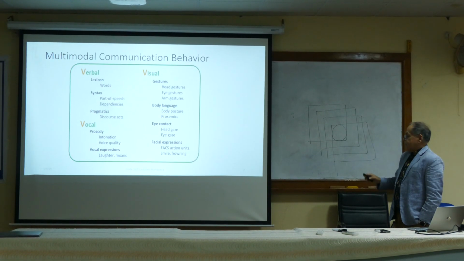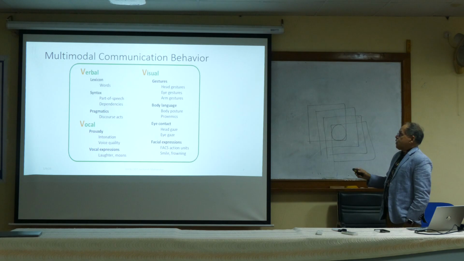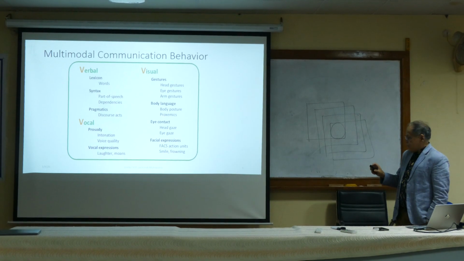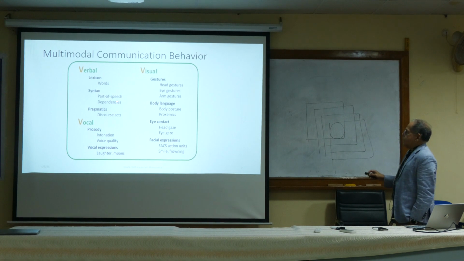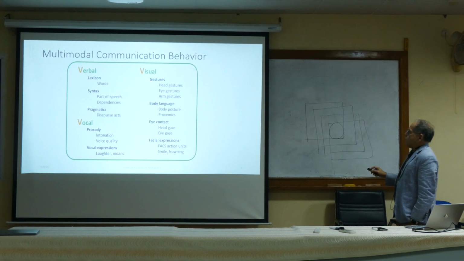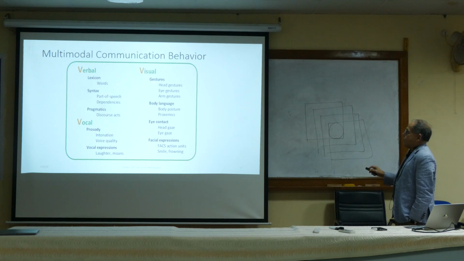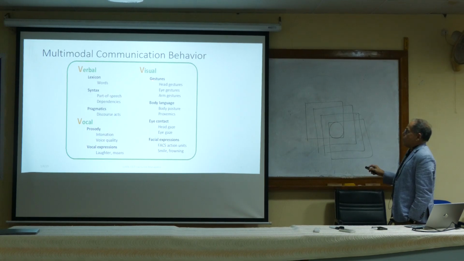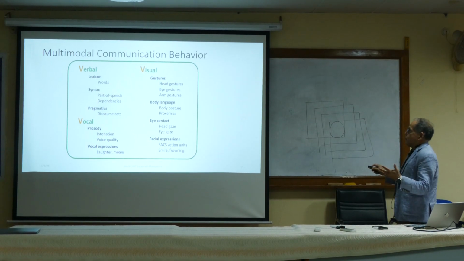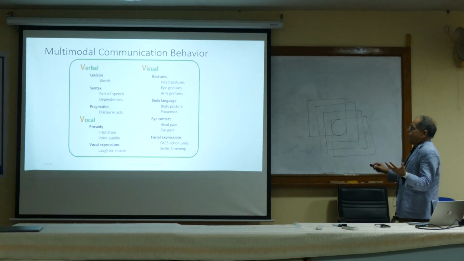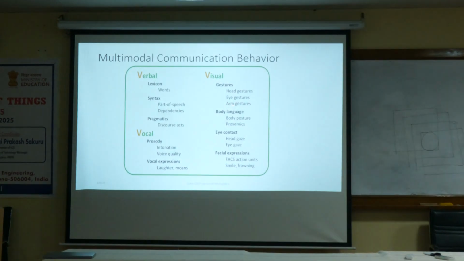So the last slide was talking about multimodal communication behavior, which essentially talks about what, in visual, are the different kinds of communication behavior you can find, starting from just gesture. Two people can just talk to each other using gesturing, and gesturing could be head, eyes, and arm, different kinds of gesture.